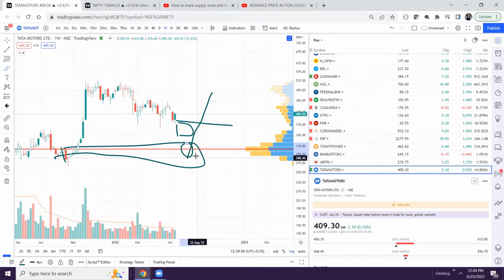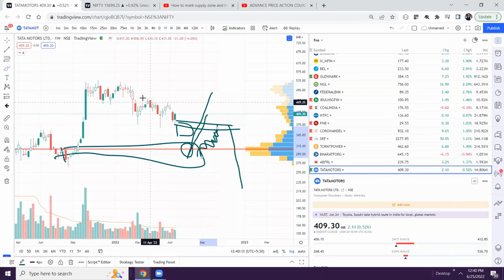But suppose there is a second possibility also. It goes like this slowly, and it touches this supply and breaks this demand. So we have to make sure that from the demand zone, the movement is fast and not slow. If it is slow, we know from Elliott, a fast wave and a slow move means that one more down move will come, right?